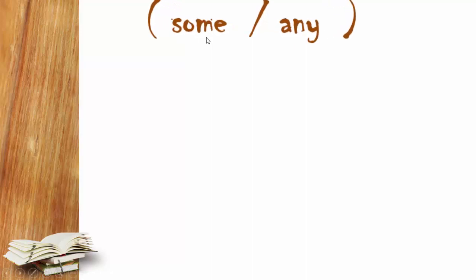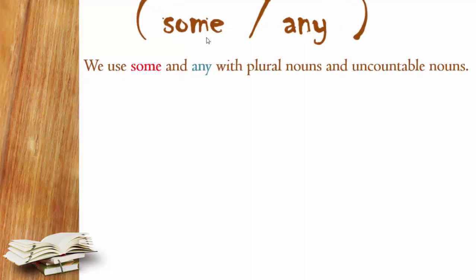We have the difference between some and any, and how to use some and any. First look at the usage of some and any. We use some and any with plural nouns and uncountable nouns. Uncountable means something you can't count. And a plural is the opposite of singular, something you can count.